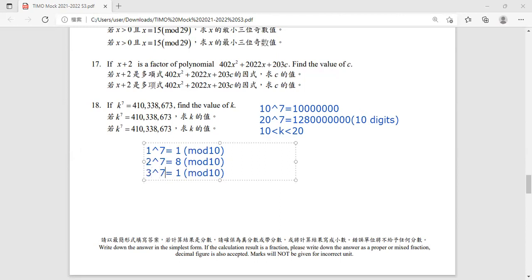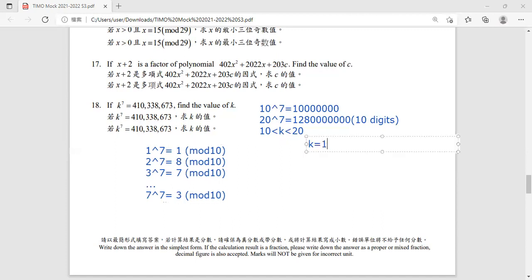If it is 3, this is 7. You check them one by one. So the answer is K equals 17.